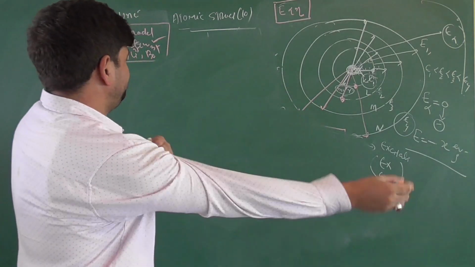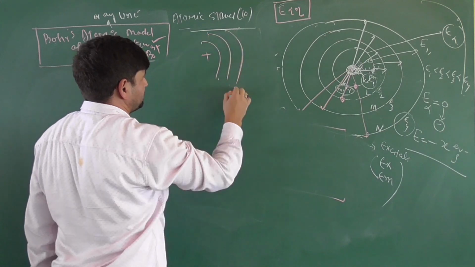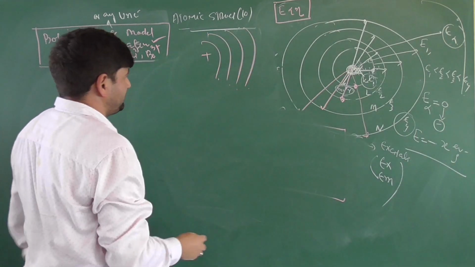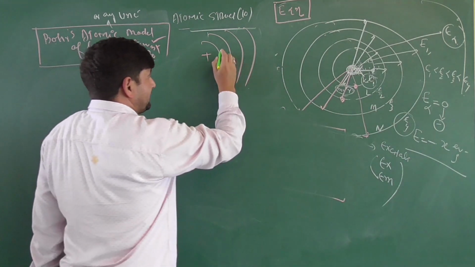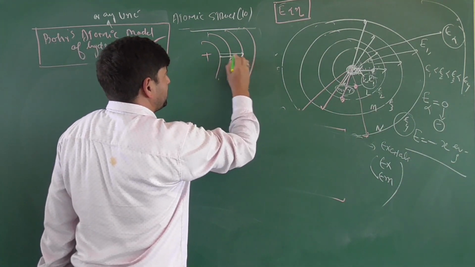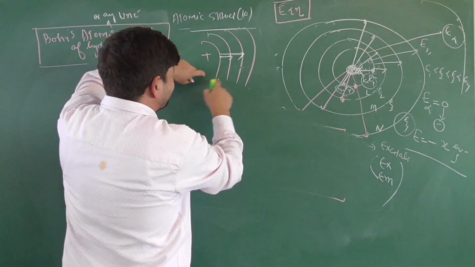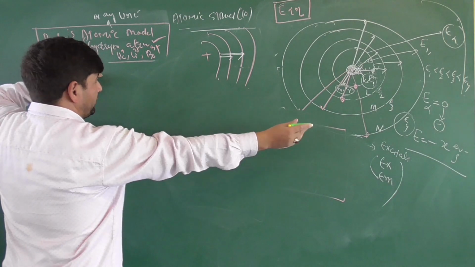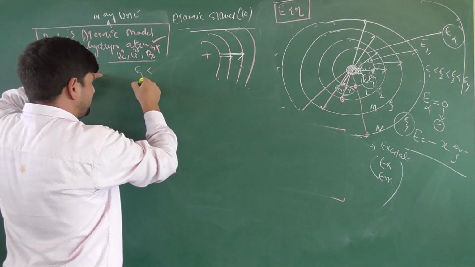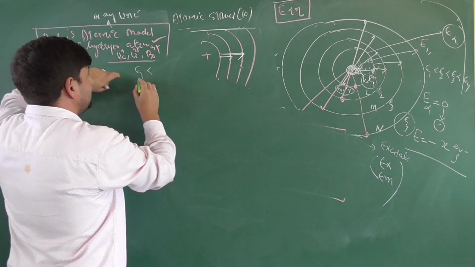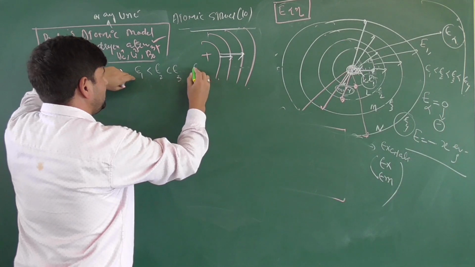Tell me now, children, we have an atom here. I'll draw that atom here: 1, 2, 3, 4. The question is simple. I want to shift an electron from E1 to E2, and then I want to shift it from E1 to E3. Tell me, where is energy more? According to the postulates we have learned so far, the energy of the first energy level is less than 2, then 3, up to E infinity.